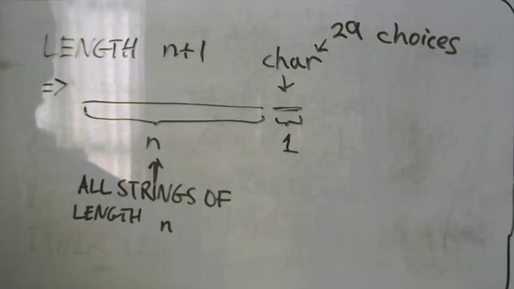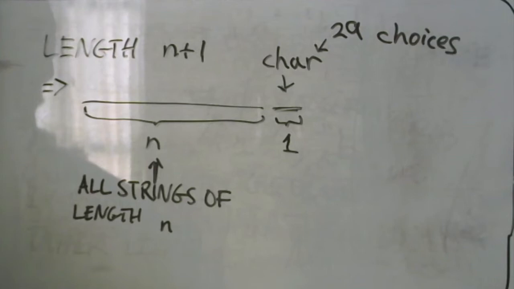And so if we were to do this idea recursively, by recursively I mean we're going to keep on repeating this observation over and over until we can't, this is what happens. To construct all strings of length n, first we're going to construct all strings of length n minus 1, and then we're going to put all possible characters on the end.